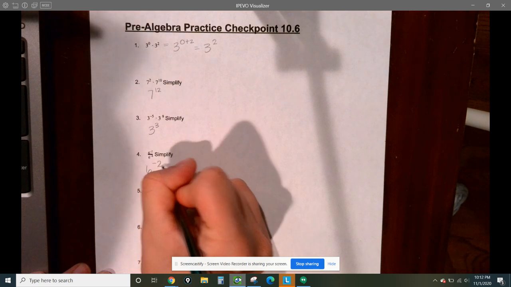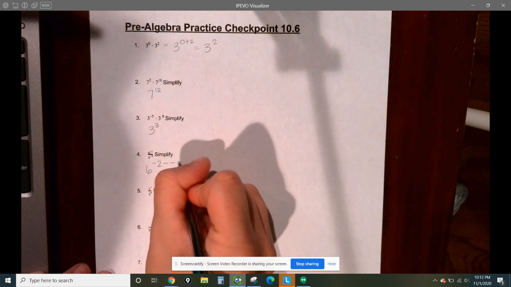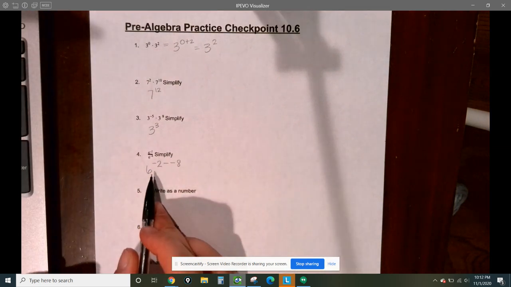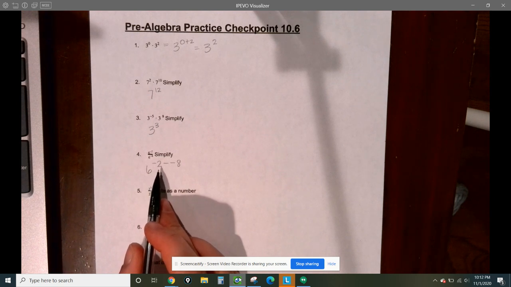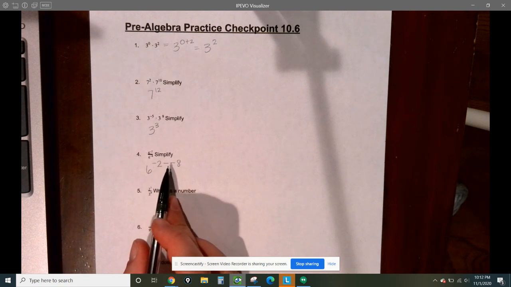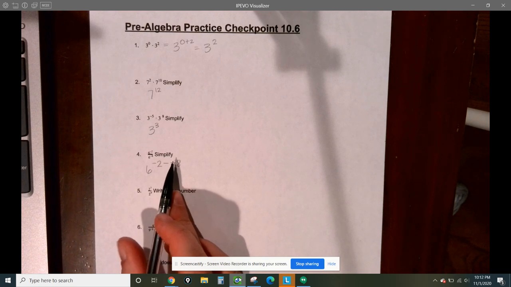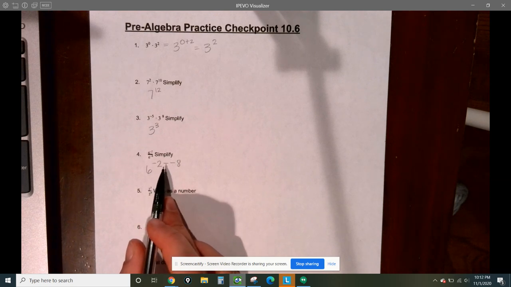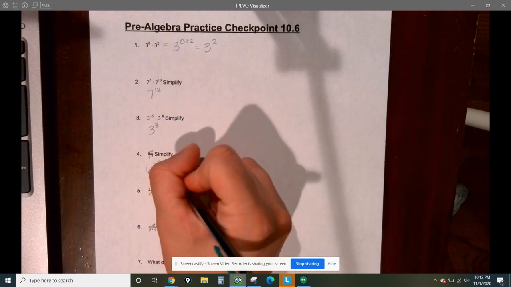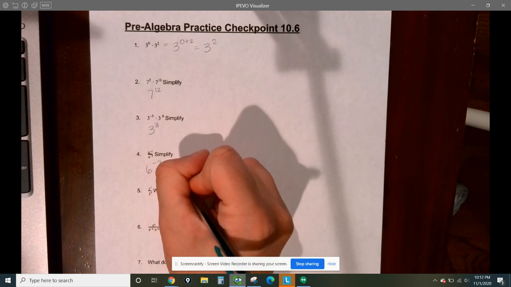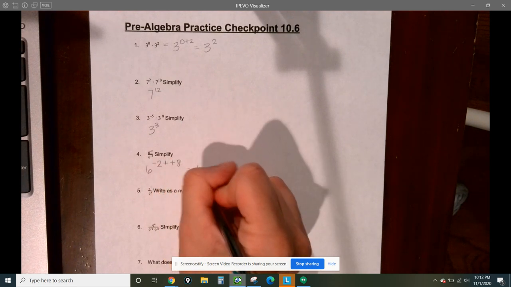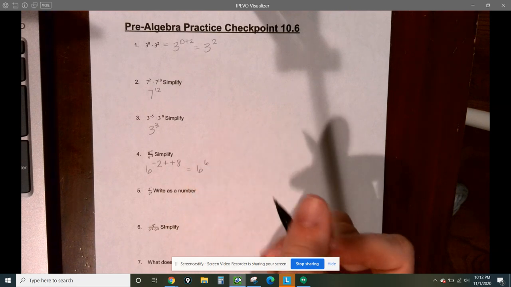So it's negative 2 minus negative 8. Remember this from the integer lesson. When you're subtracting integers, it's the same as adding the opposite. So negative 2 minus negative 8 is the same as negative 2 plus positive 8. So this becomes 6 to the 6th power.